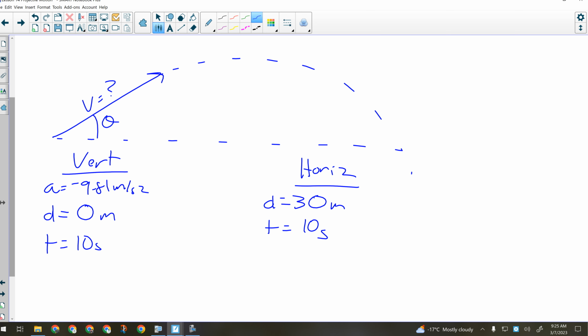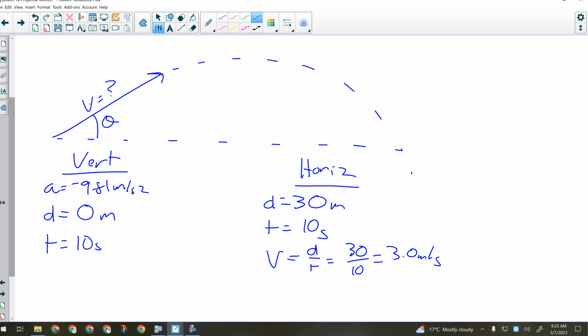So, if that's the case, and I want to get V, I need at least a side and the angle, or two sides. I need two other pieces of information about this triangle I know virtually nothing about. So I'm going to calculate this one right now, and I'm just going to go d over t, 30 over 10. It's telling me that this thing was moving horizontally at 3.0 meters per second.